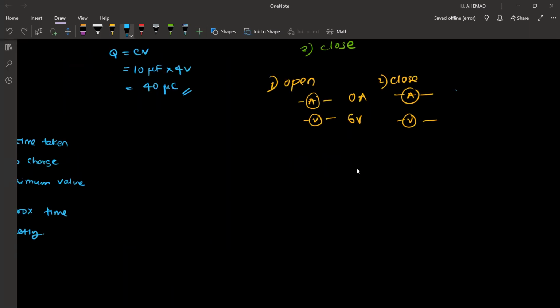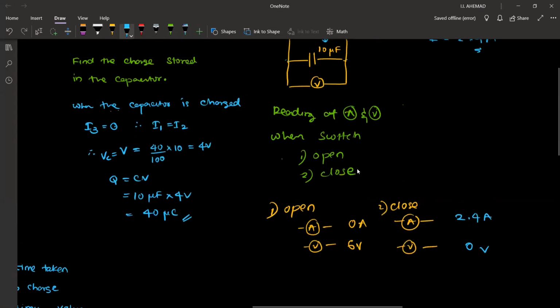So the ammeter reading is 2.4 and the voltmeter reading is 0.